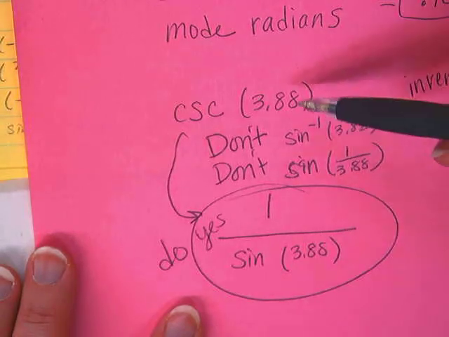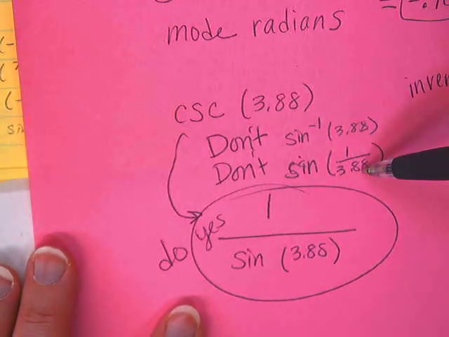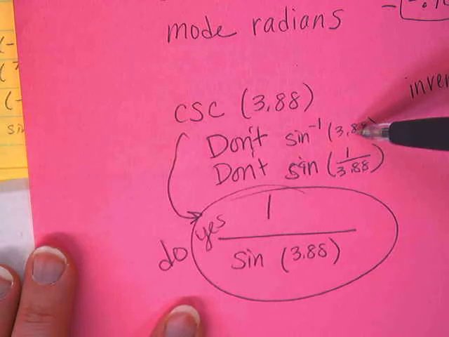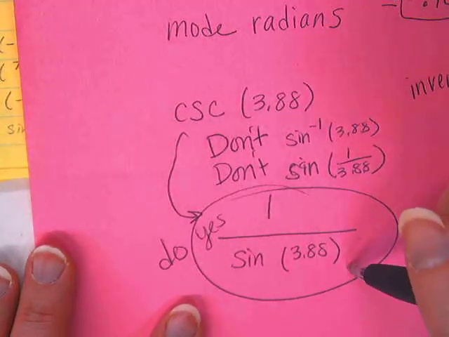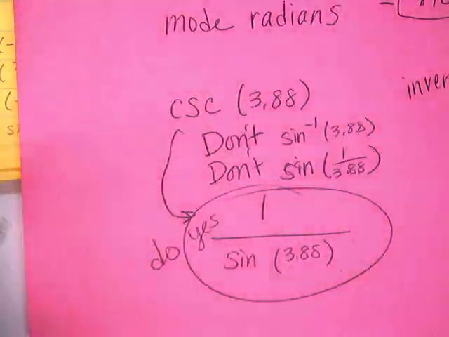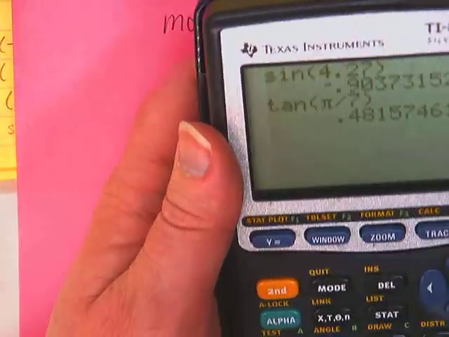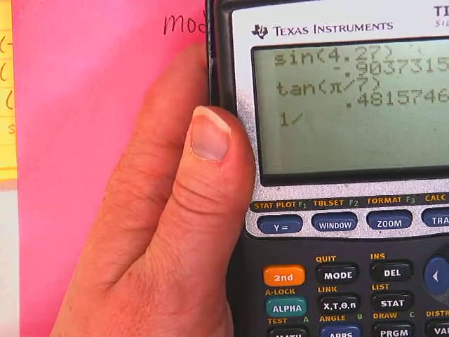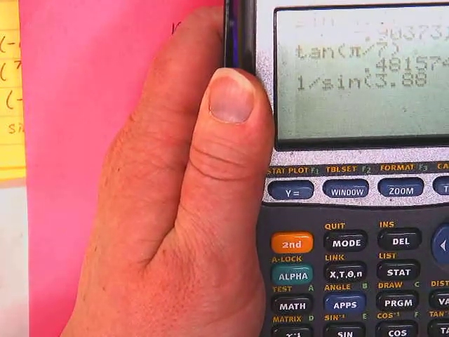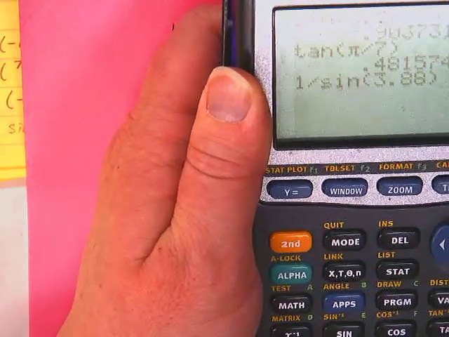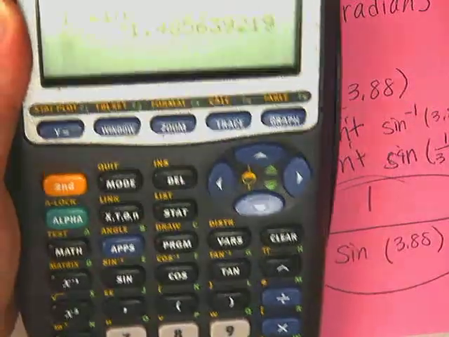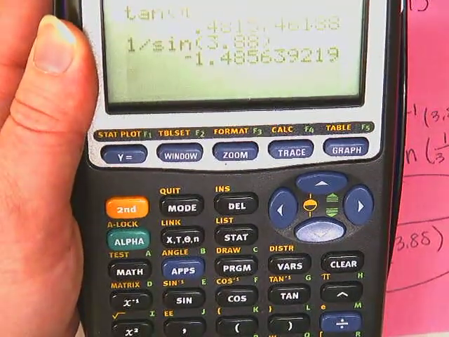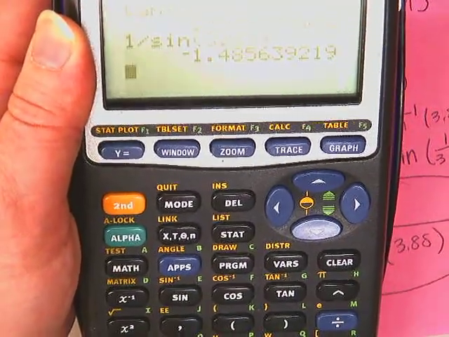Do you understand the differences and the common errors that I'm showing here? You don't do 1 over the angle, and you don't do the inverse sine. You do 1 over the sine of the angle. That's what cosecant means. So to type that into my calculator, I do 1 divided by the sine of 3.88, and that will be the cosecant.